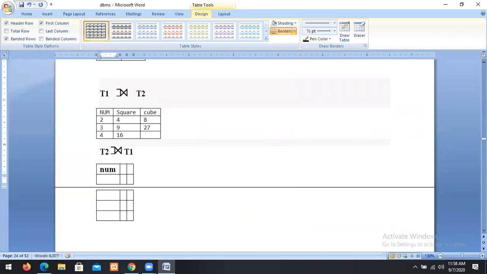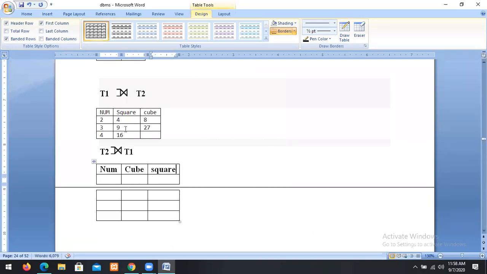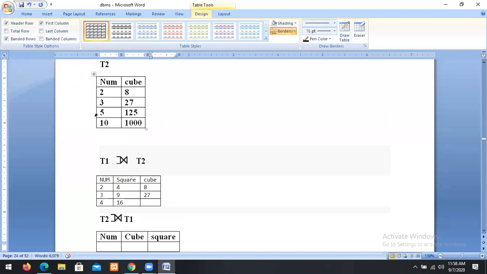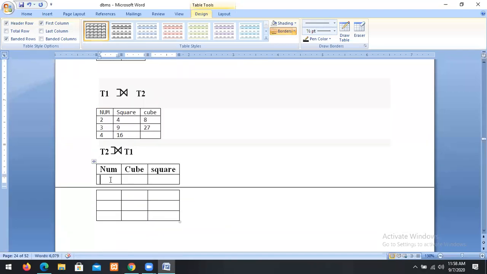Number, cube, square. So T2 all the rows: 2, 3, 5, 10. 2 cube 8, 3 cube 27, 5 cube 125, 10 cube 1,000.